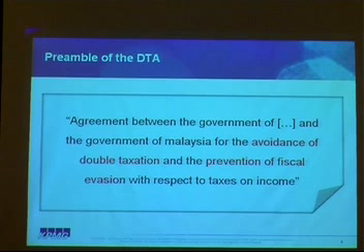So if we look at what the preamble says, and this could be from any of Malaysia's double taxation agreements, you'll see that it says that a DTA is an agreement between the government of one contracting state, it could be the UK, it could be Australia, it could be wherever, and the government of Malaysia. So it tells you, first of all, that double taxation agreements are agreements between governments, not between states or counties or provinces.